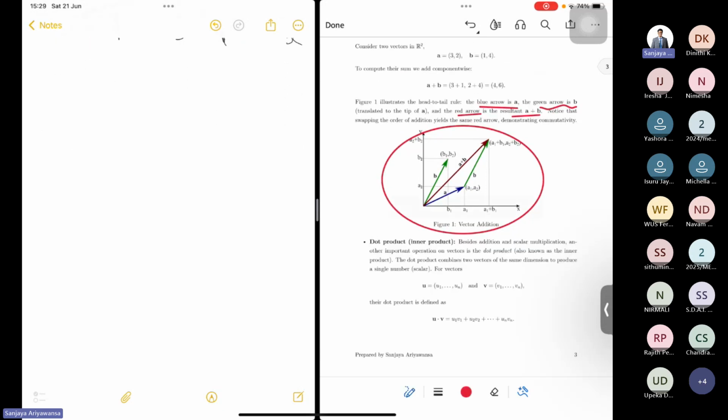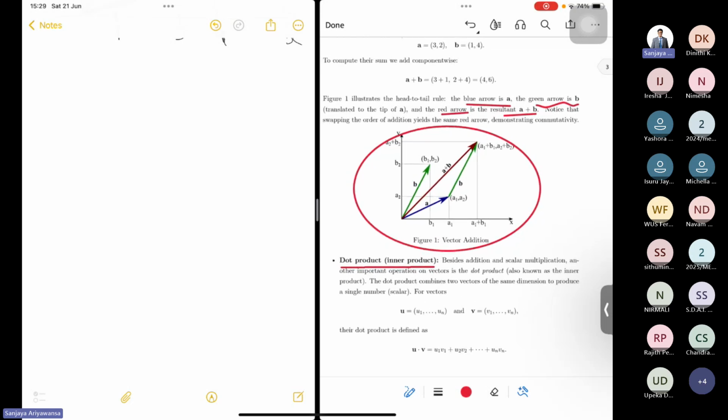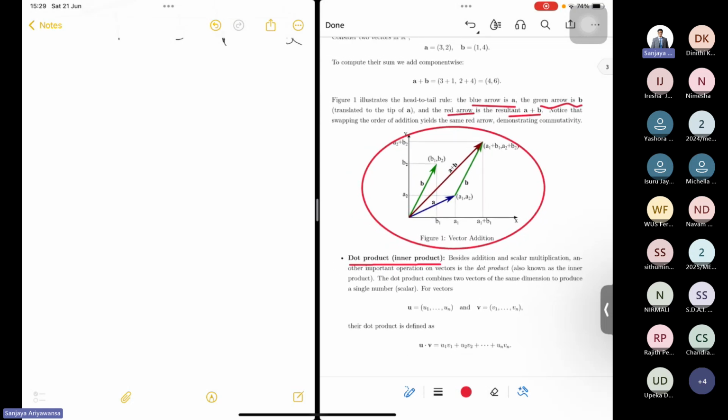operation that we're going to talk about is called the dot product or the inner product. So what is this dot product? If we were to read through it, it says besides addition and scalar multiplication, another important operation on vectors is the dot product, also known as the inner product.